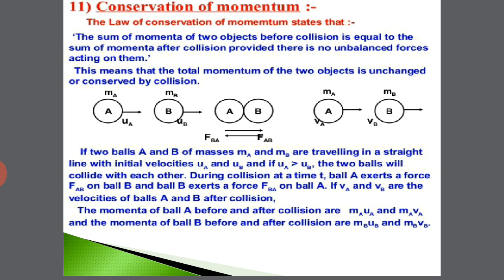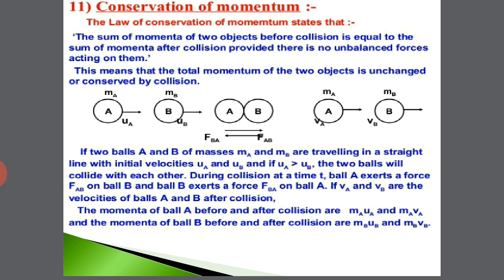Let's consider ball A and ball B, or two objects A and B, having masses MA and MB, moving with initial velocities UA and UB. In the first case, this is the before collision case, the second is during collision, and the third is after collision.